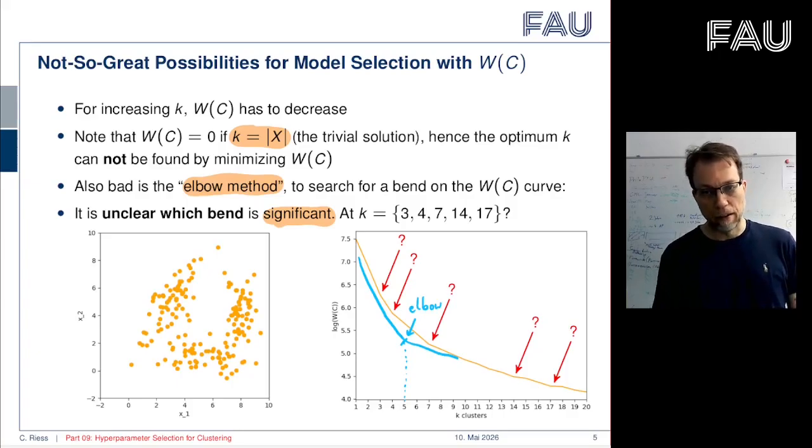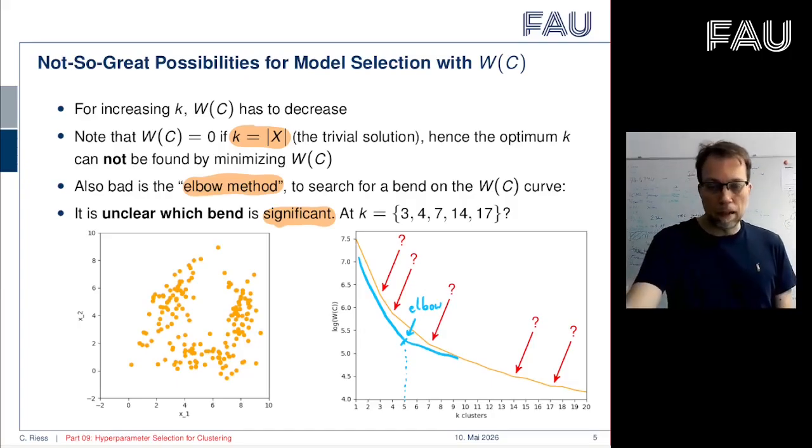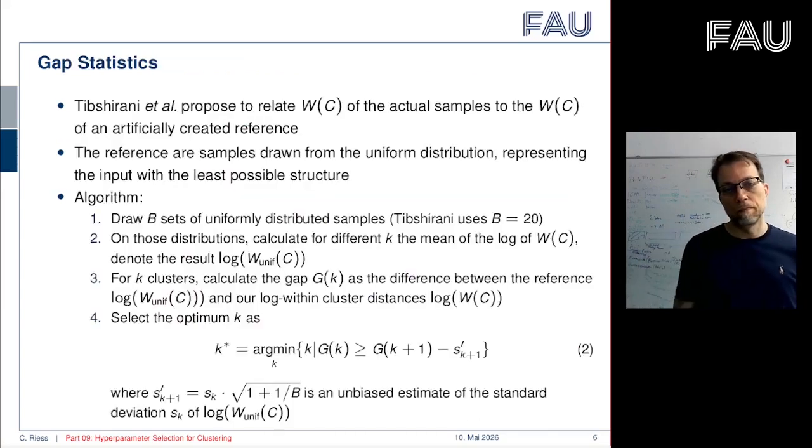Like if I look at this curve in particular, like, I don't know, at 3, at 4, at 7, this might all be plausible solutions. And the gap statistics by Hastie, Tibshirani, and Friedman aims to solve this problem.